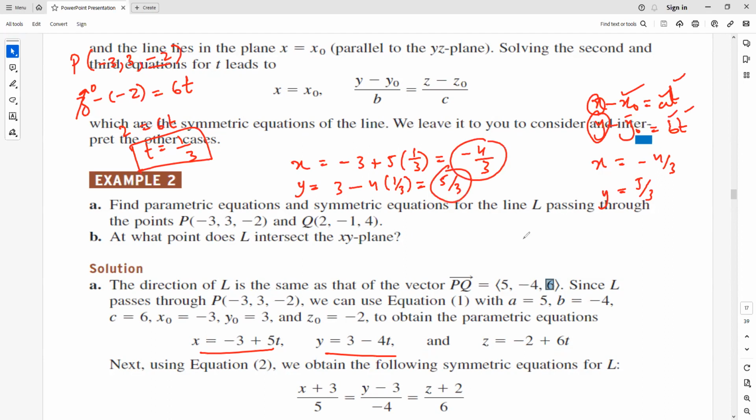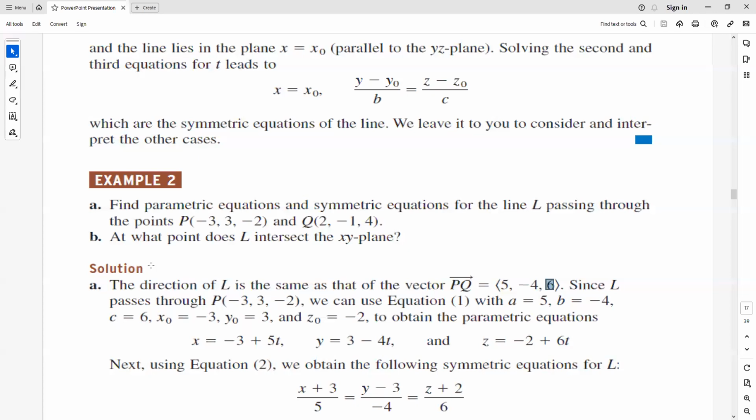So x is -4/3, y is 5/3, and z is 0 at the point of intersection with the xy plane. Okay, so this is how we find the point of intersection of the line with the plane.